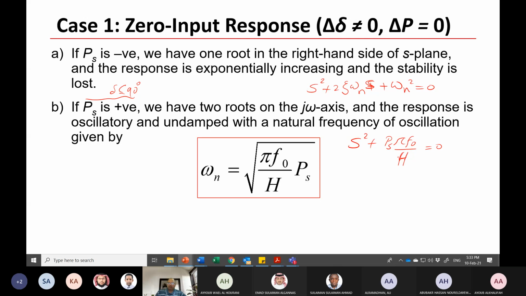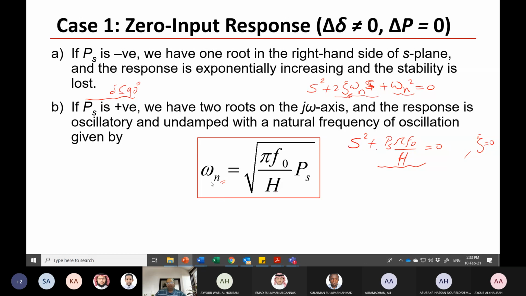If you compare this with this, you can say omega n square equal to this. So omega n equals the square root of F0 Bs over H. This is omega n. And in this case, zeta equals 0.